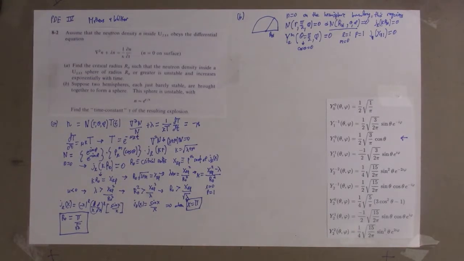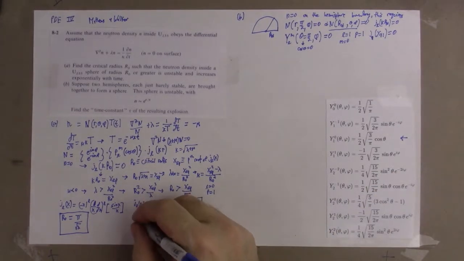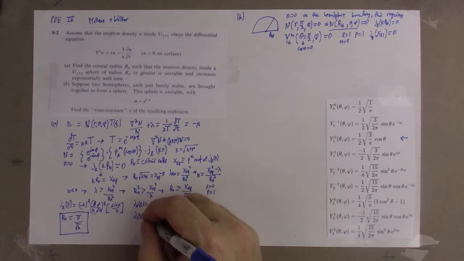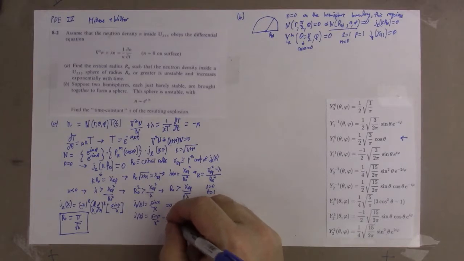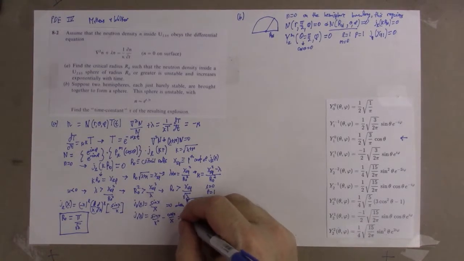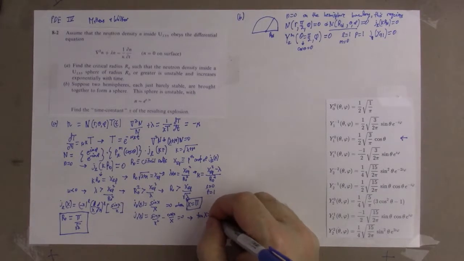It leads to, well, here we can put J1(x). Using this formula, J1(x) is sin x over x squared minus cos x over x. And this equals 0, which implies that tan x equals x.